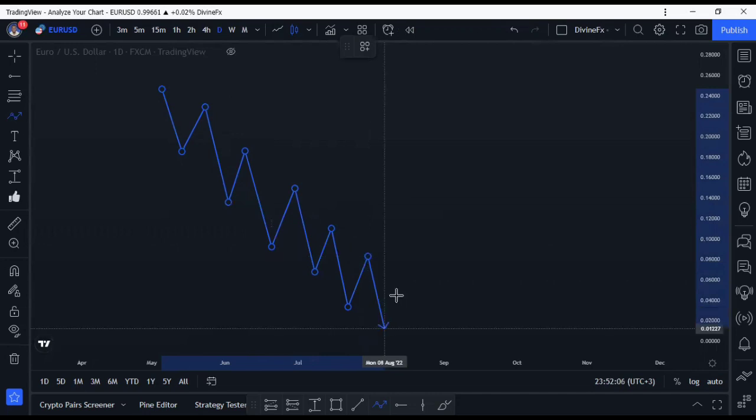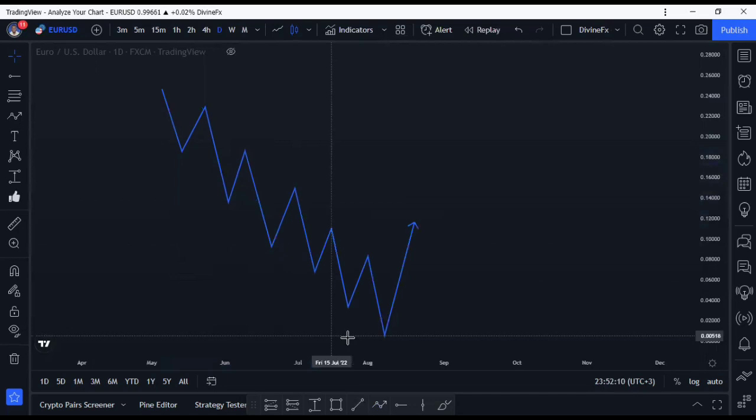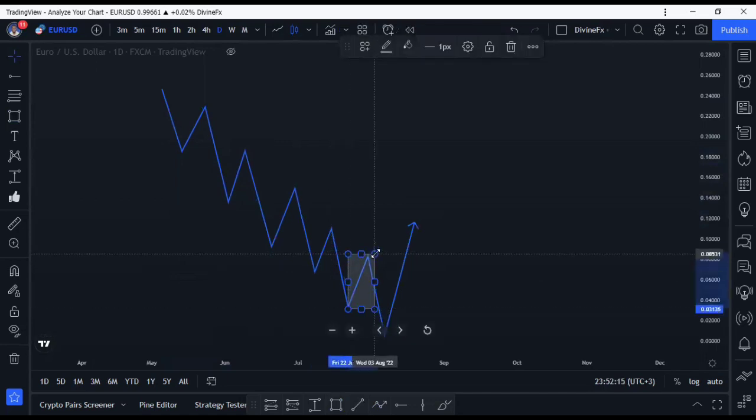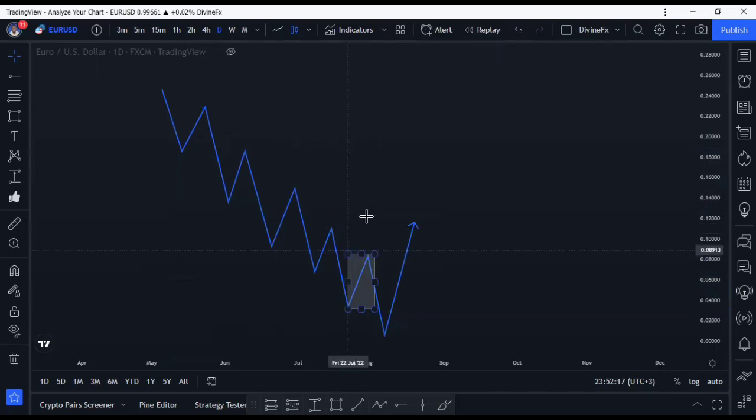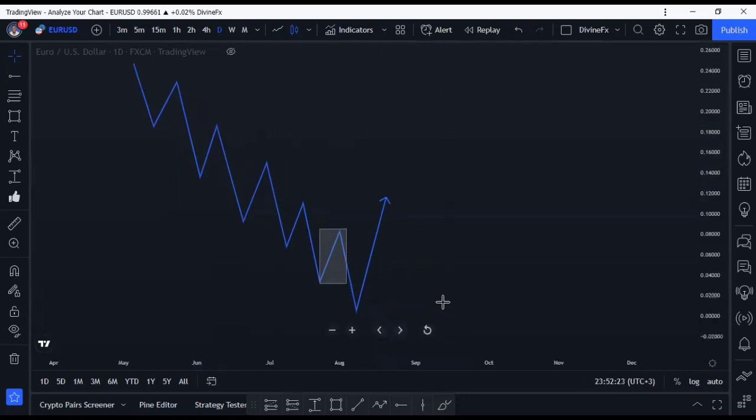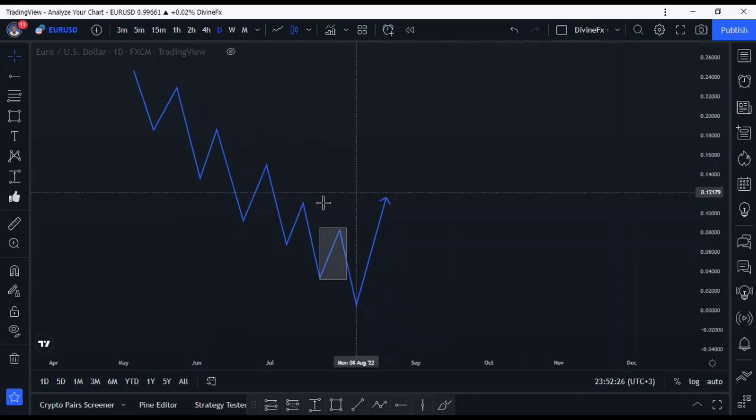Then the market comes and breaks these previous highs and lows. After breaking these previous highs and lows, we expect a correction phase. Others say liquidation phase. We expect the market to do liquidation or correction.